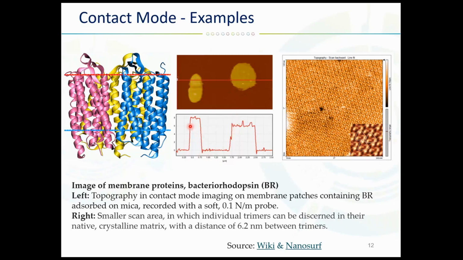So this graph shows us the difference in pH, and because protons have charge, this means that what we're measuring here is the electrostatic difference. So that's how you can use contact mode as well. It's not just about the topography, but also about other features such as pH and electrostatics.